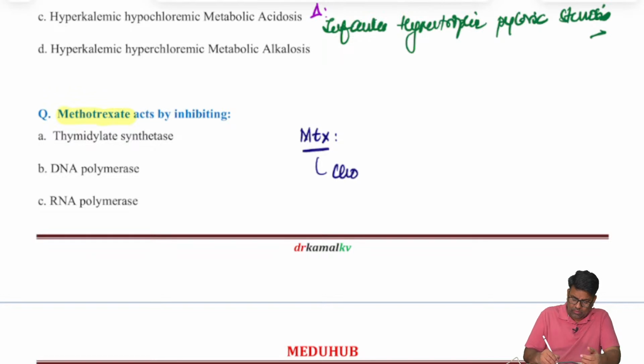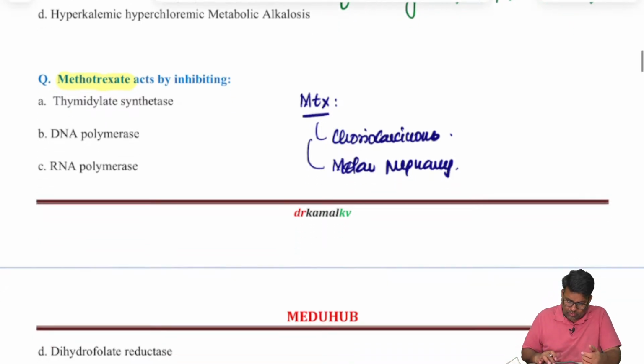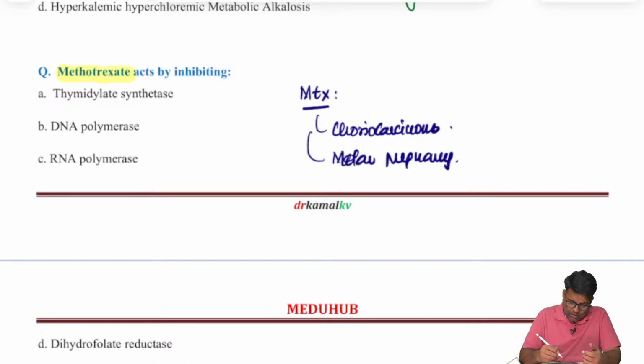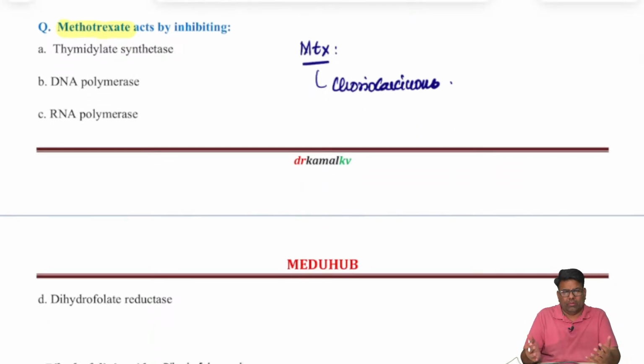Choriocarcinoma is one important thing, which can come out of that, that is gestational trophoblastic neoplasia.